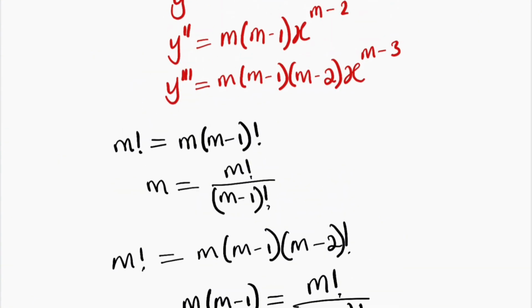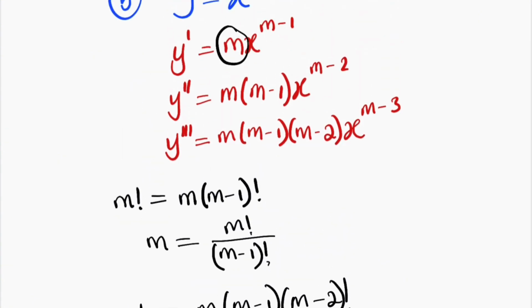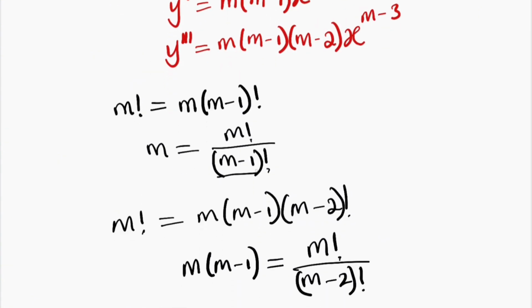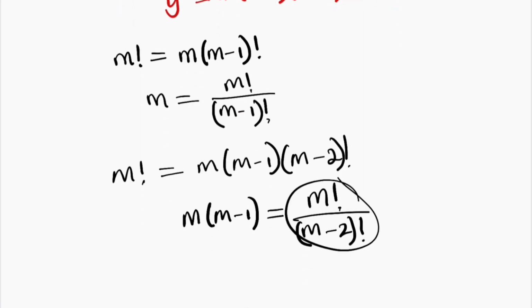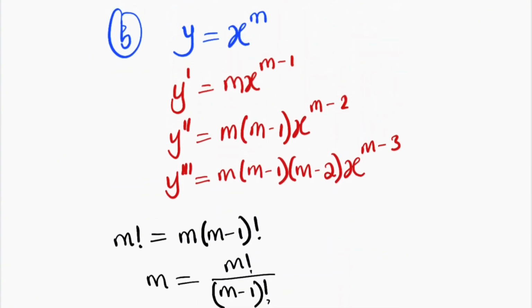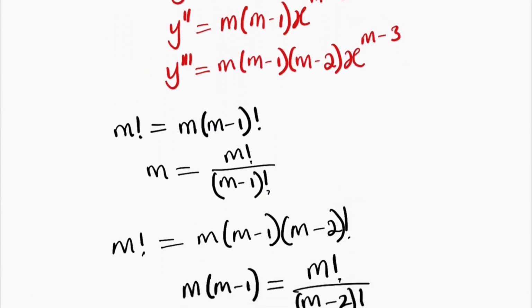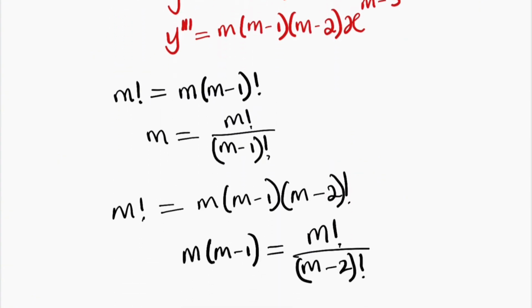So you see that here we divided by what? m minus 1. That is in the first derivative. Here we divided by what? m minus 2. That is in the second derivative. In the third derivative, we have to divide by m minus 3 factorial, which means that in the nth derivative, we have to divide by what? m minus n factorial.